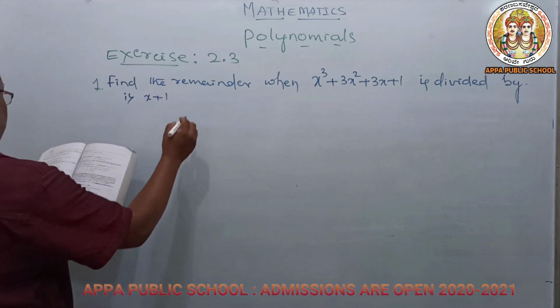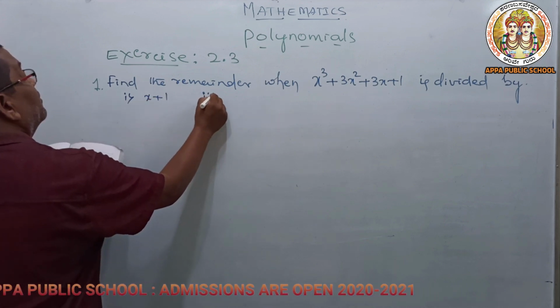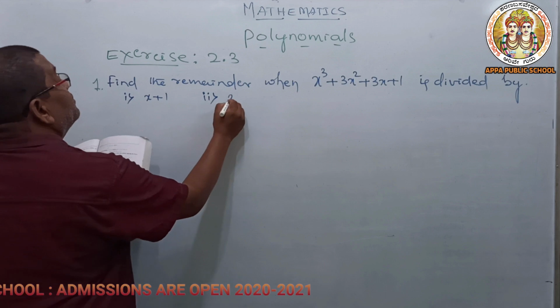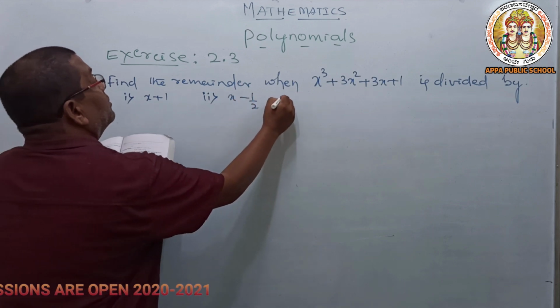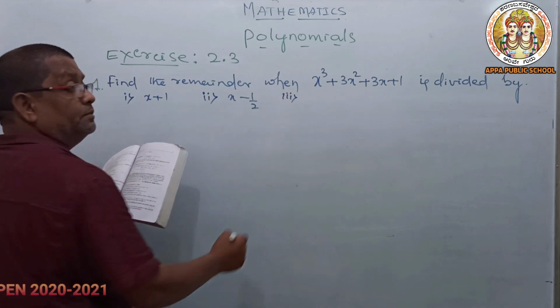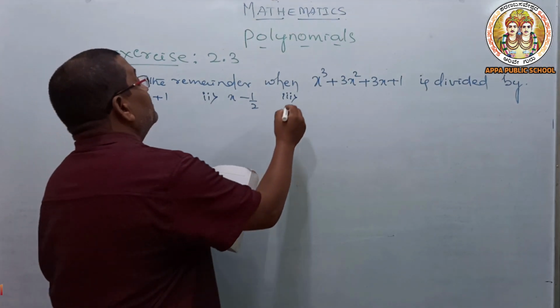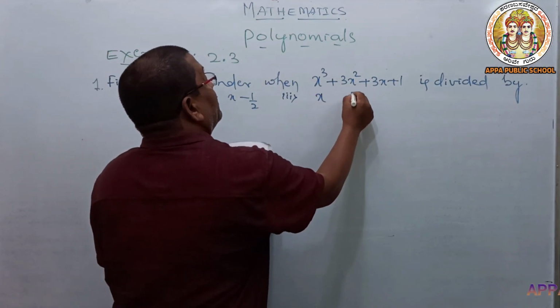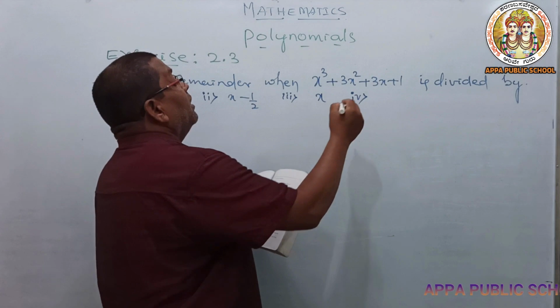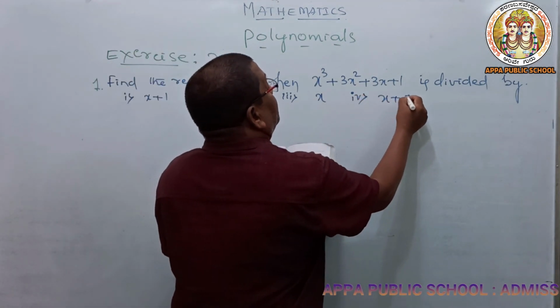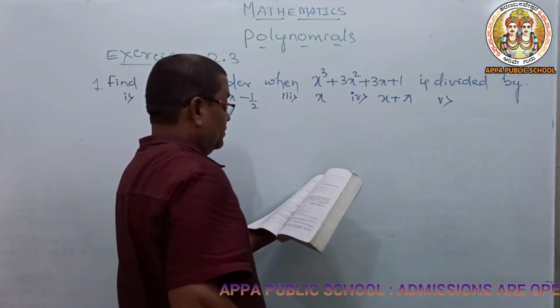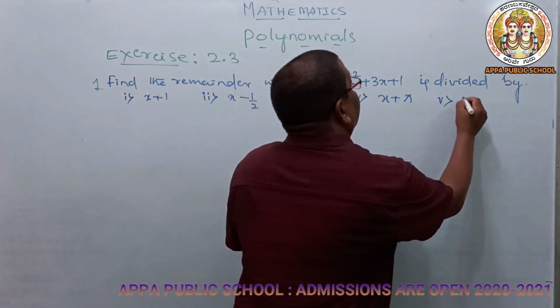One is x plus 1, second one is x minus 1 by 2, third one x, fourth one x plus 5, fifth one 5 plus 2x.